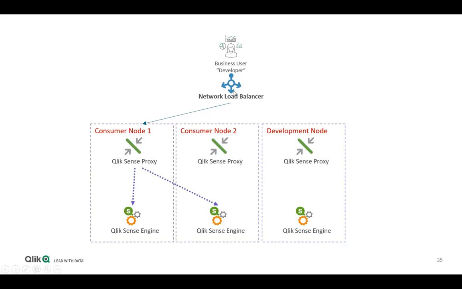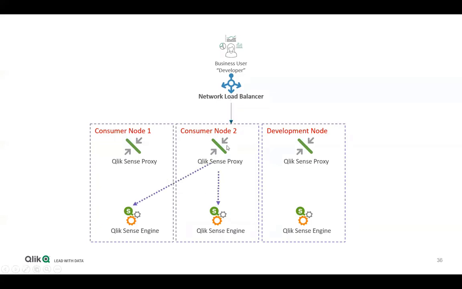So for instance, the connection allocated to consumer node 1 proxy, then this proxy will take charge to decide which engine the work will be allocated. It only can go to consumer node 1 engine service or consumer node 2 engine service.